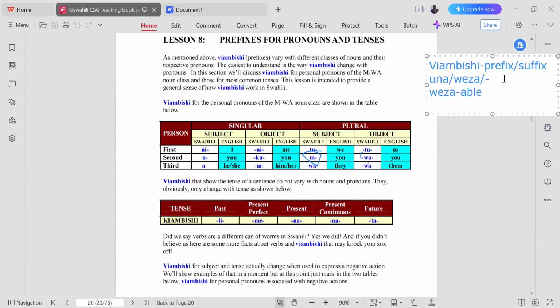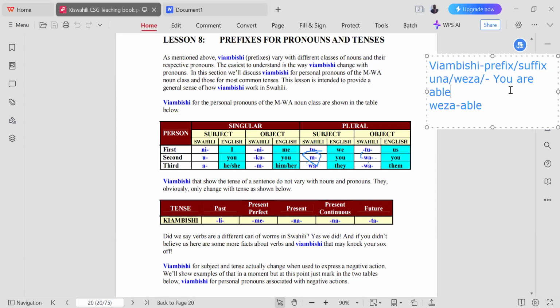Let me finish part 1 of this by trying to break down the words I was saying here on the verb and how the prefix comes in. As I've said, there's the word unaweza, which you have all agreed means you are able. Are we together? Then we have identified what the verb is here. You are able. So the verb here is weza, which means able.